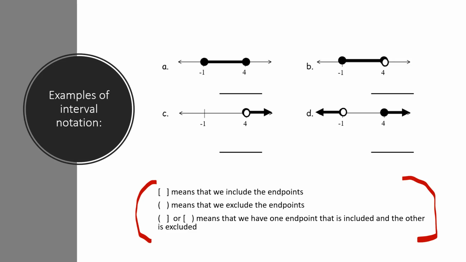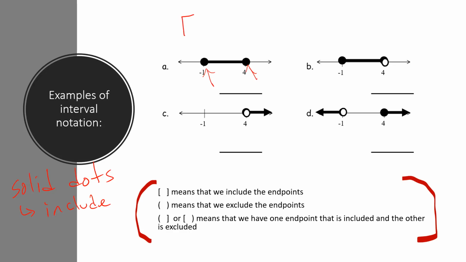So looking at example A, endpoints are negative 1 and 4, and we know we include them because these dots here are solid. So solid dots, we include those endpoints. The way I'm going to do this is I'm going to start, and we always go from left to right.